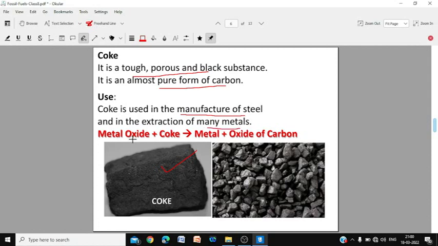When we have a metal oxide and we add coke or carbon, oxygen will be transferred to the carbon, forming pure metal. From metal oxide you get pure metal, and the coke becomes an oxide of carbon, usually carbon dioxide. So with coke you can reduce a metal oxide to metal. That's why we use coke in the extraction of metals.